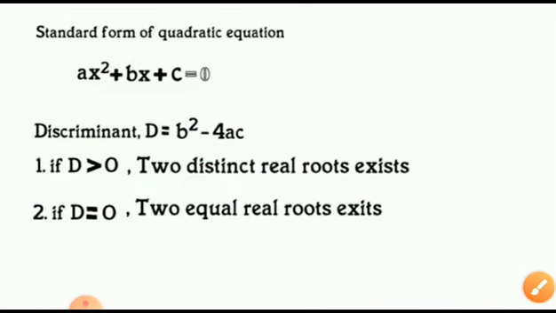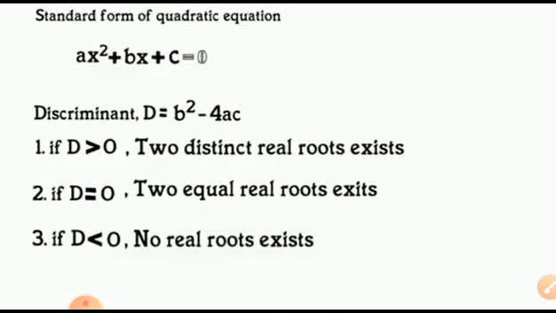Similarly, if D is equal to 0, then it has two equal real roots. And the last, if D is less than 0, then it has no real roots.